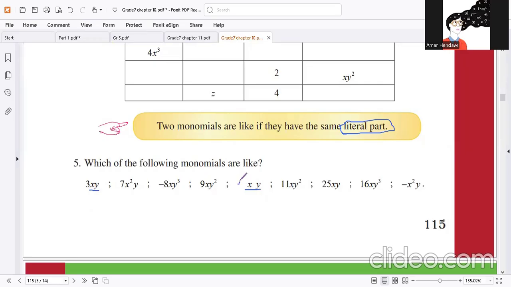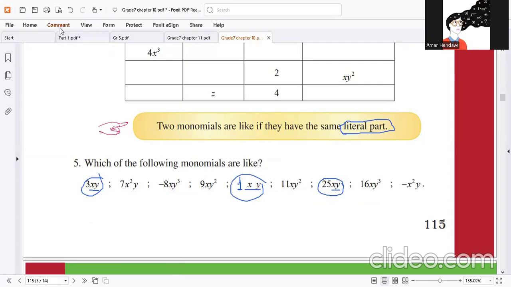What is the coefficient? The coefficient is 1. So this one, xy, we look at the literal part. Never mind, the coefficient can be any number, but they should have the same literal part. So these three monomials are like.